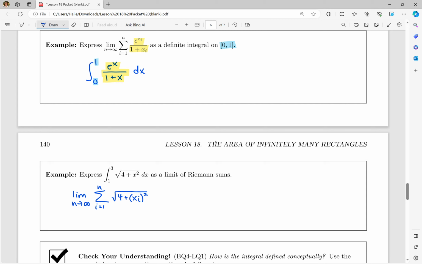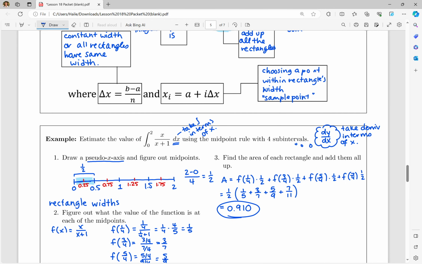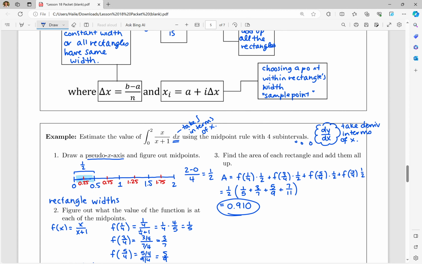And finally, remember, I need that delta x. And delta x is going to come from our, oh boy, delta x. Where did that come from? Let's go back up to our definition.